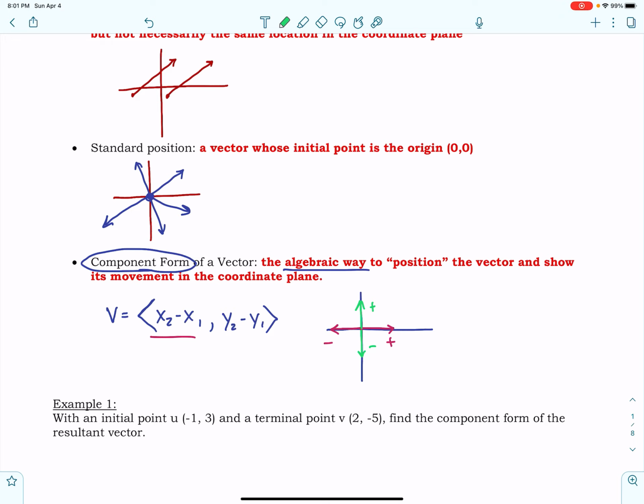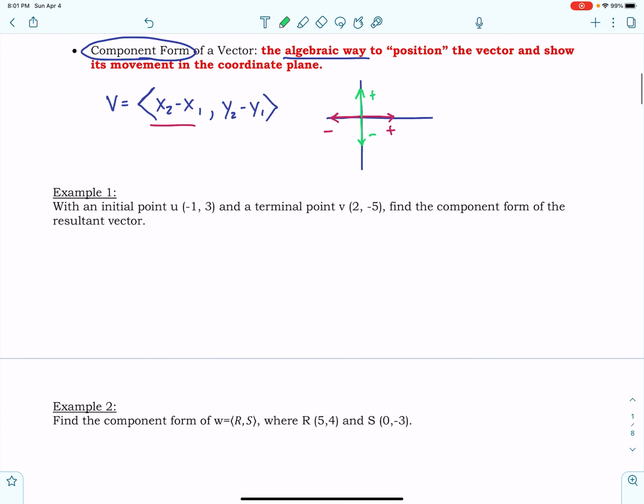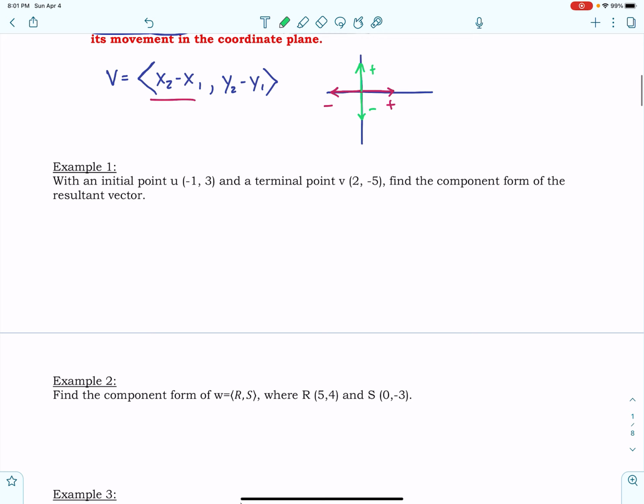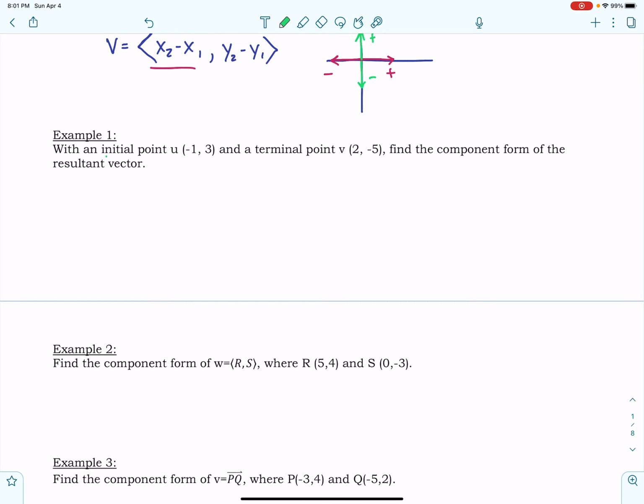So let's just jump on ahead here and look at example 1. We have an initial point of u, -1, 3, and a terminal point of v, 2 and -5. Find the component form of the resultant vector. All right, so if I want the component form, and notice this is letter u and letter v, so we indicate that this is a vector just like that.